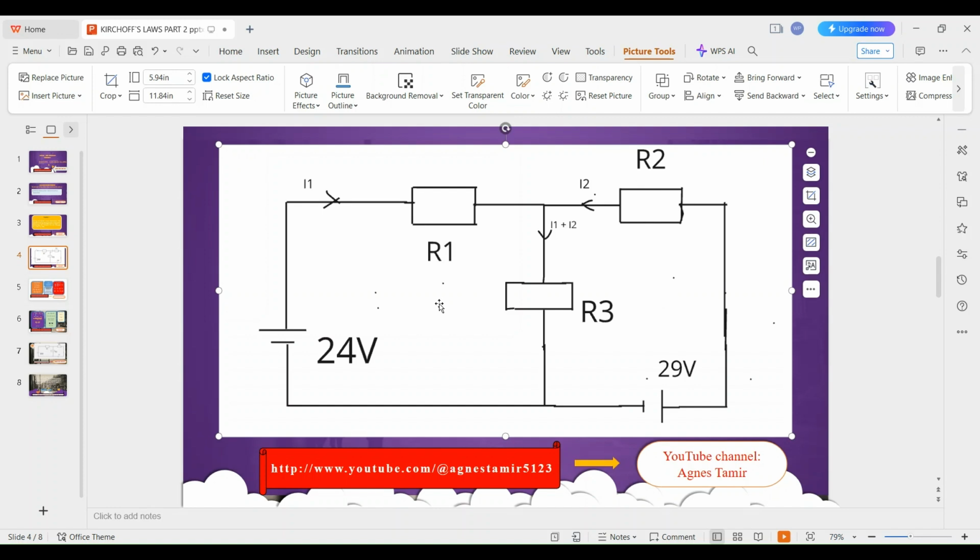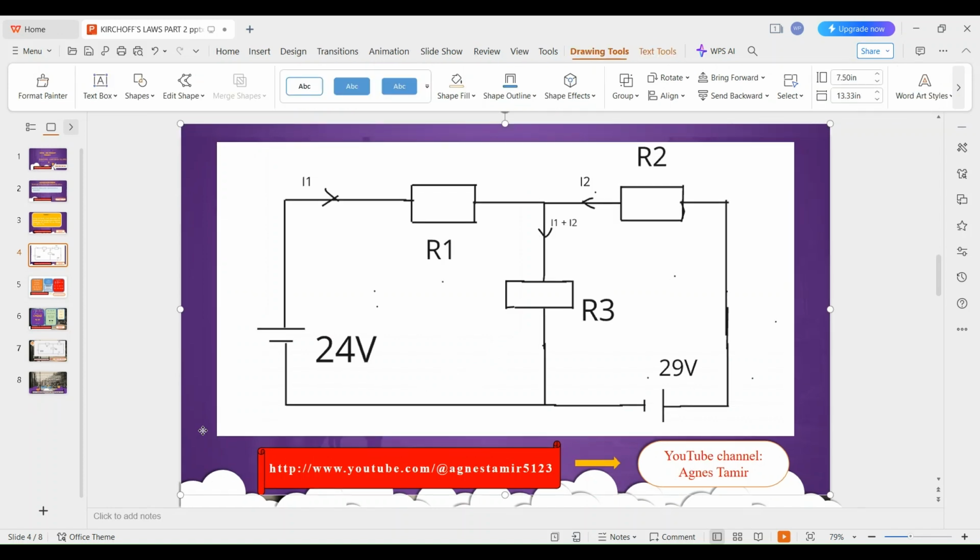Remember we said that using Kirchhoff's laws, we have to be familiar with those two laws for us to be able to form the equations. And remember, when working on the equations, if you mess up on one equation, then you will not get the answer correct.